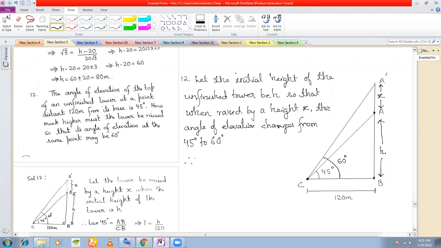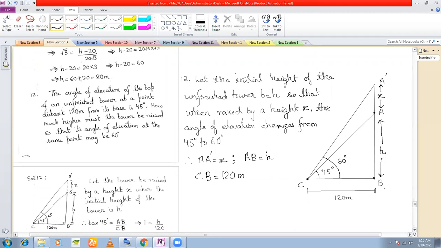Therefore A dash A is x, AB is h, CB is 120 meter. That is all.